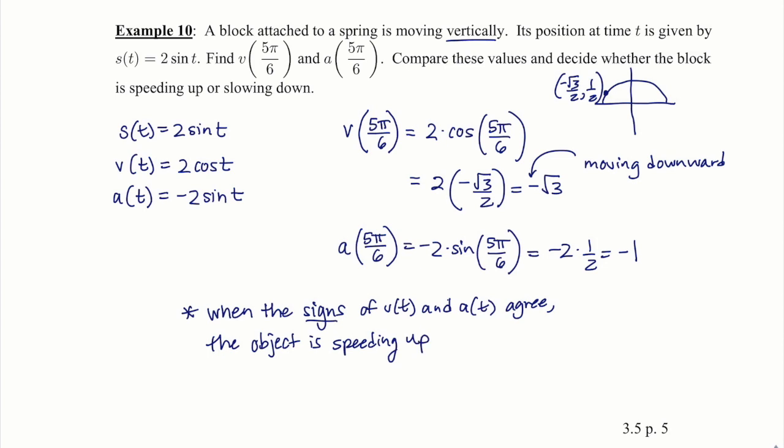So in this case, we see that both of them, the sign for velocity and the sign for acceleration, are negative.